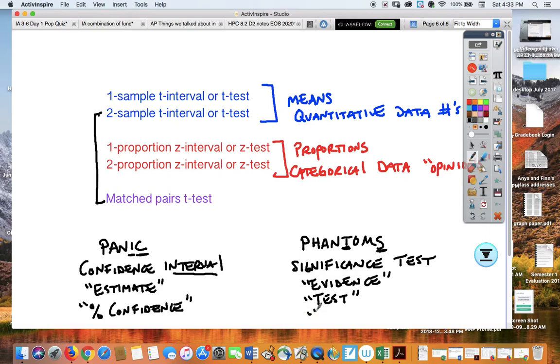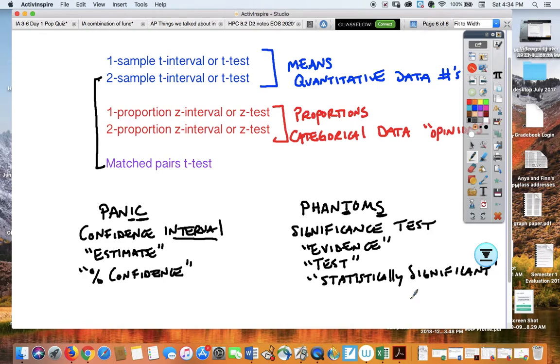Do this if it says in the problems anything about statistically significant. So if it asks you if there is statistically significant evidence, remember, in order for something to be statistically significant, the p-value has to be smaller than the alpha. That means that you reject the null and you do have evidence.